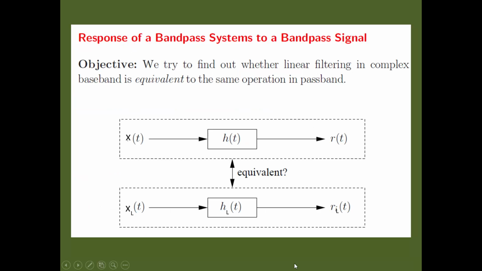That actually explains this question mark: we can obtain the low pass equivalent received signal from the bandpass received signal, and vice versa, we can also get the other way around.